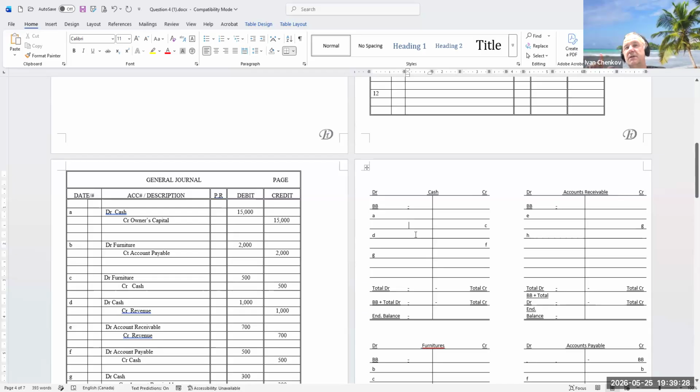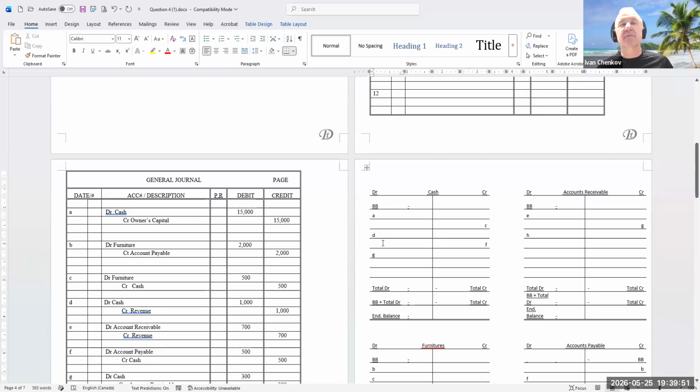Now you can do this on the Excel spreadsheet. You don't have to stay with me on the Word document. For me, it will be harder. For you, it should be easier. So first things first, since this is a brand new company and we haven't done anything at this point, all the beginning balances will be zero. No questions about it.